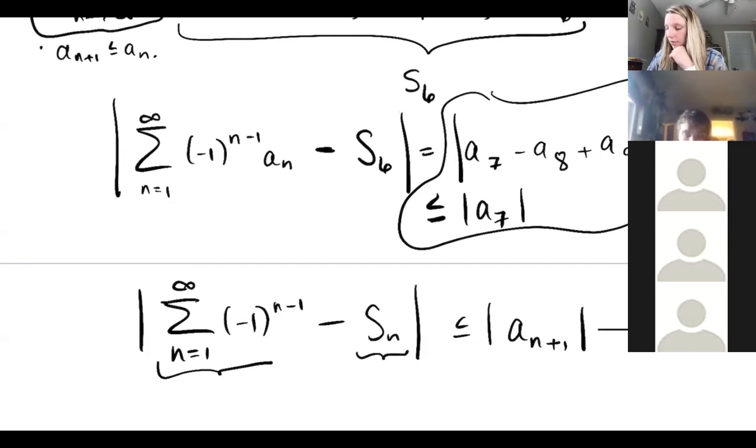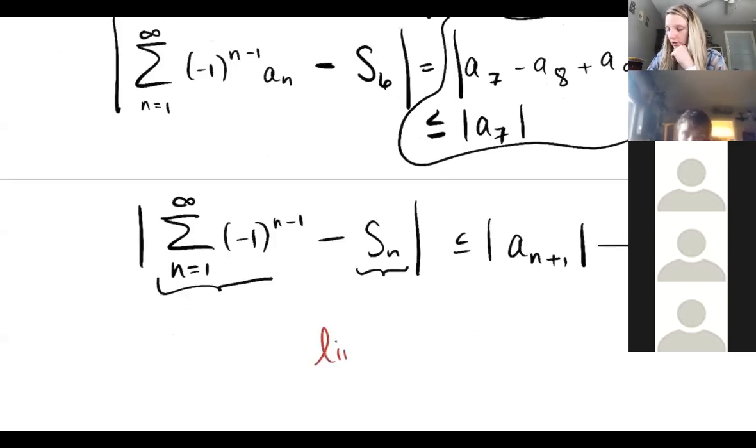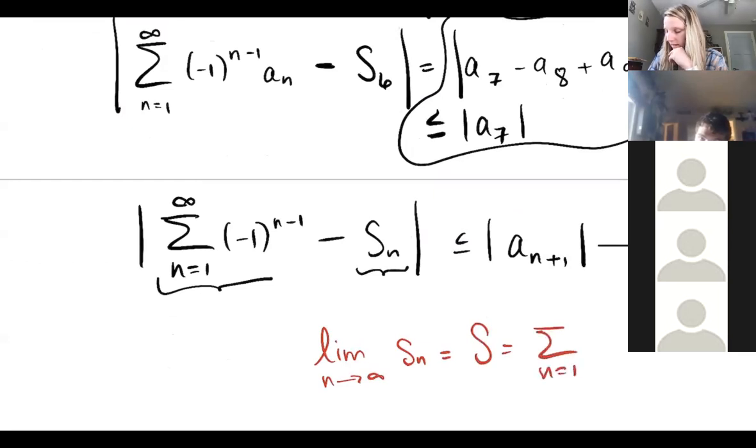These partial sums actually converge to a finite value, which is the actual value of this series. And so that converges.